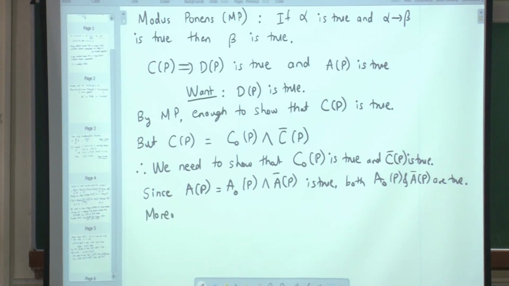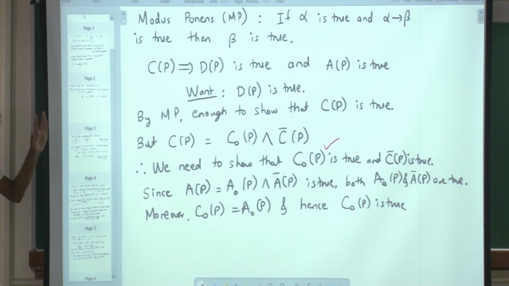Moreover, C0P is equal to A0P, and hence C0P is true. So I am going to put a tick mark to this. C0 of P is true.